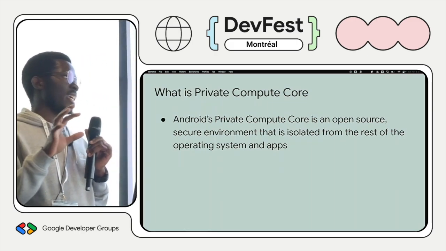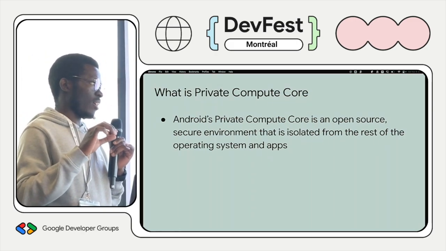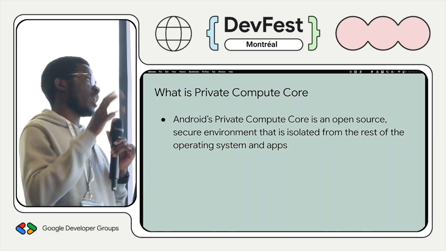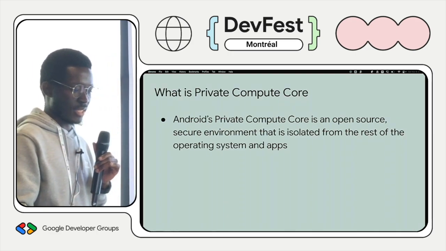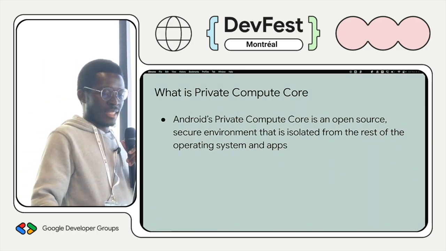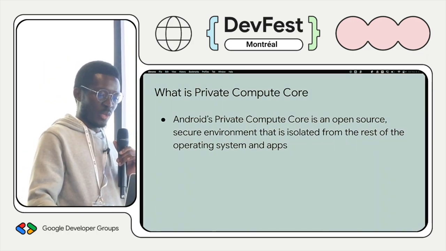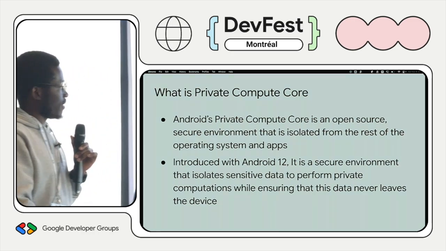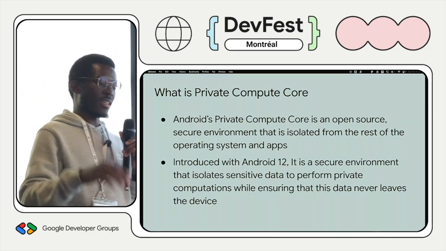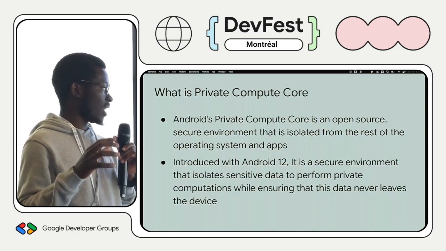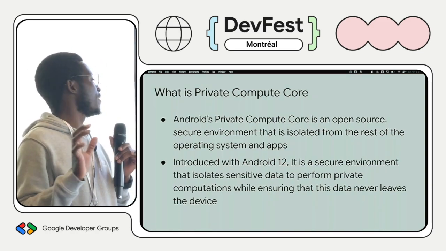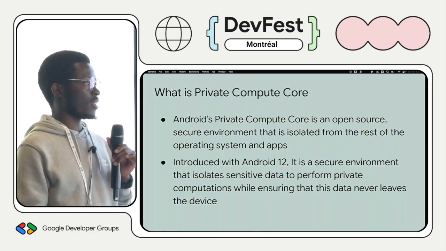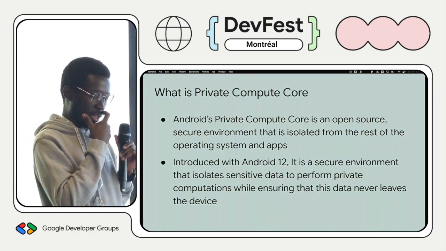So the idea is to make sure that the data that will be processed, the other applications will not have access to it, just to make sure that all the data will stay secure. Another key advantage is that this environment makes sure that the data never leaves the device. It's an open source tool. You can find it on GitHub.